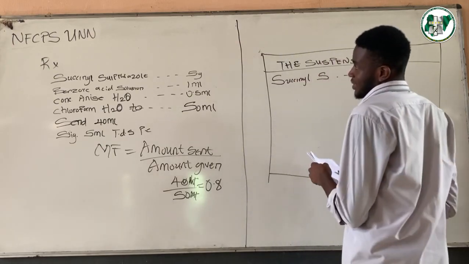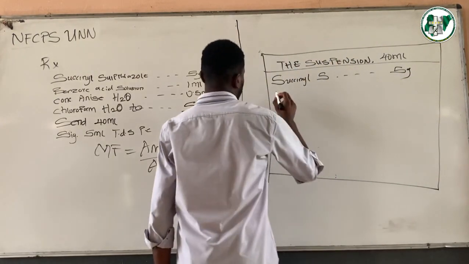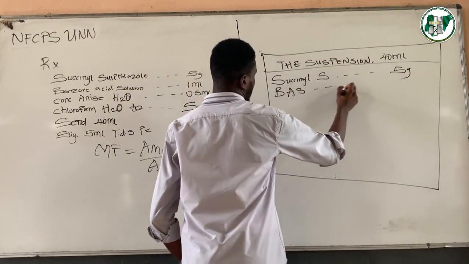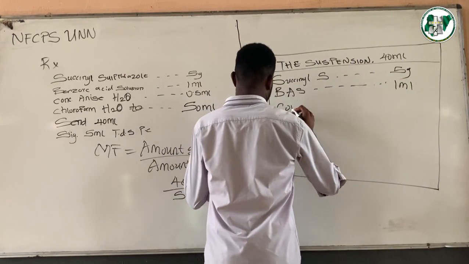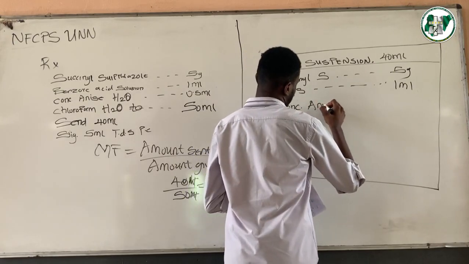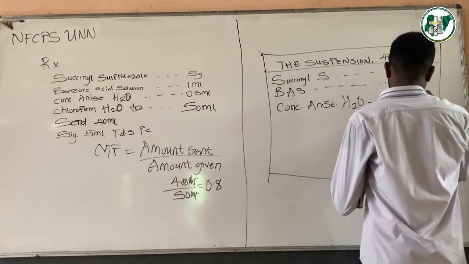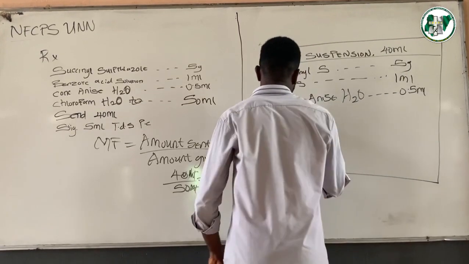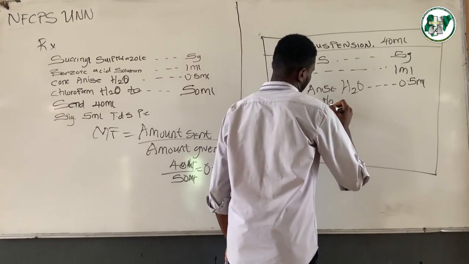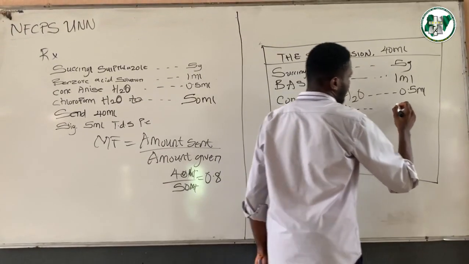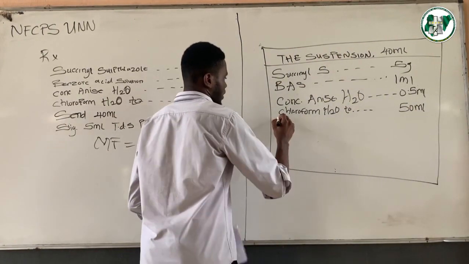Remember what I told you about writing the label: you just need the original formula that was given to you. 5 gram, benzoic acid solution, 1 ml, concentrated anise water, 0.5 ml, chloroform water to make 50 ml.